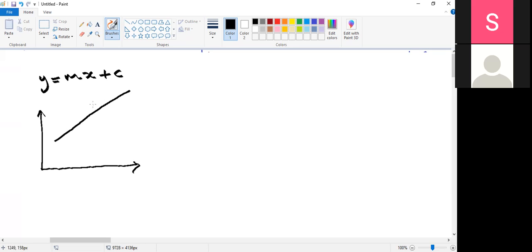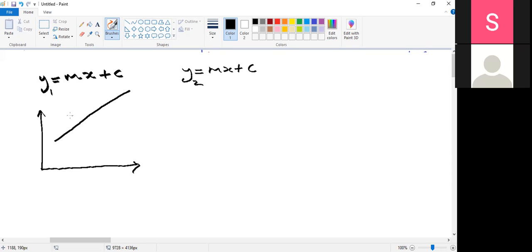Now, say you have another equation. I'll call this y1. There's another one, y equal mx plus c, and let me call this one 2 for argument's sake.